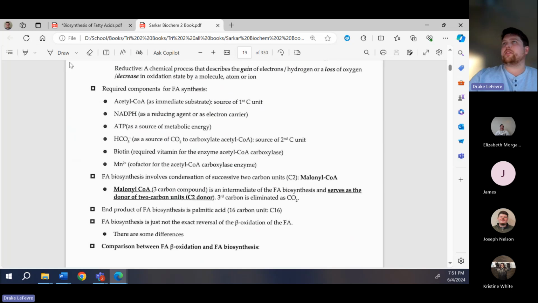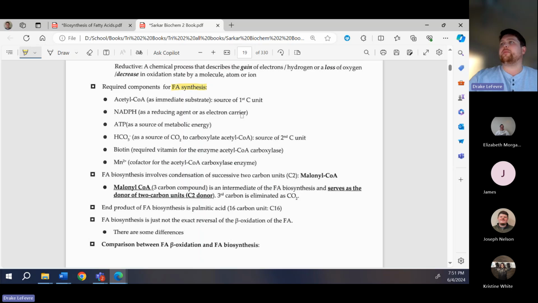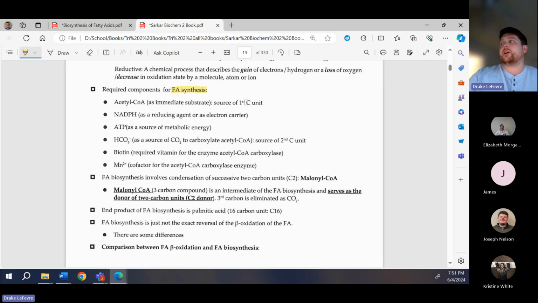So some of the requirements of fatty acid synthesis right here. Acetyl-CoA is going to come back later several times. Acetyl-CoA is our very first source of carbon. The first carbon that we're going to add into a fatty acid chain is going to come from acetyl-CoA.